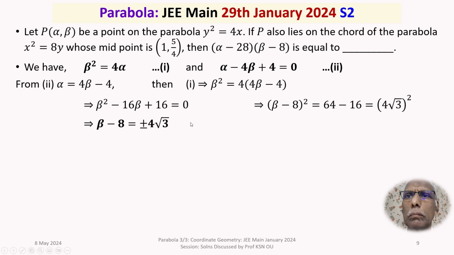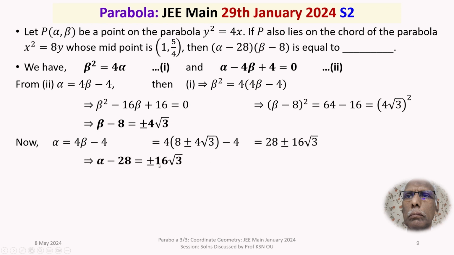Now for alpha, alpha is 4 beta minus 4, and substitute beta, which is 8 plus or minus 4 root 3. 4 times that minus 4, simplify, and you will get 28 plus or minus 16 root 3. Then alpha minus 28 will be plus or minus 16 root 3.